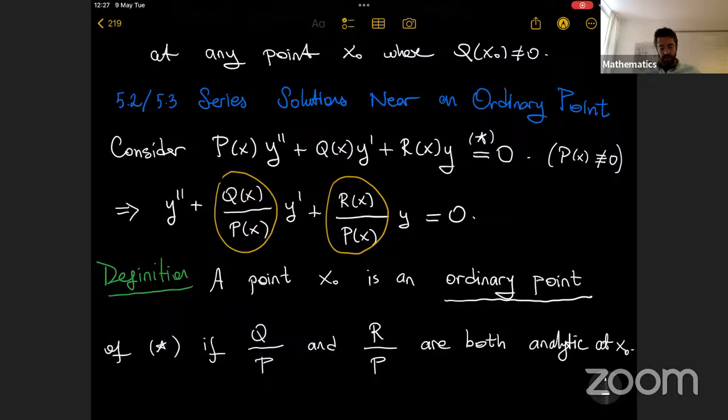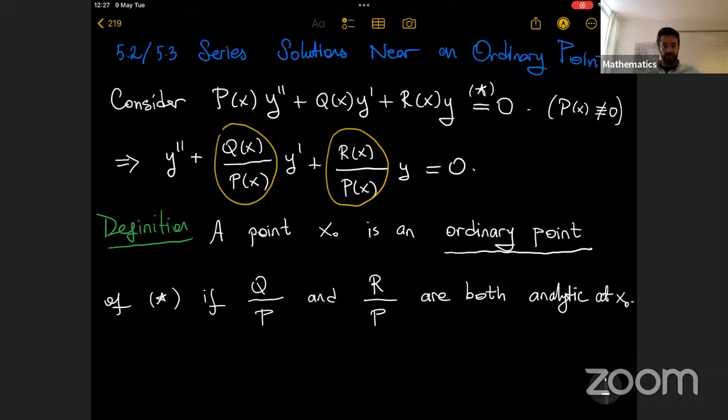If at least one of them fails to be analytic, then it's not an ordinary point.